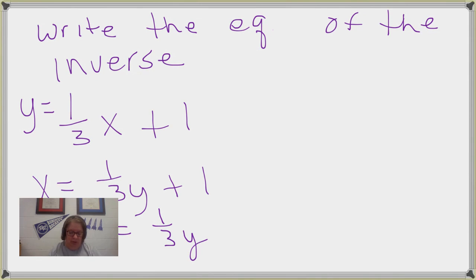Ooh, tricky, tricky. How do I get rid of times 1/3? Times 1/3, I have to divide by 1/3. When I divide by 1/3, do you remember keep, change, flip? A hundred years ago, when Miss Riddell was in school, we learned dividing fractions easy as pie: flip the second and multiply.